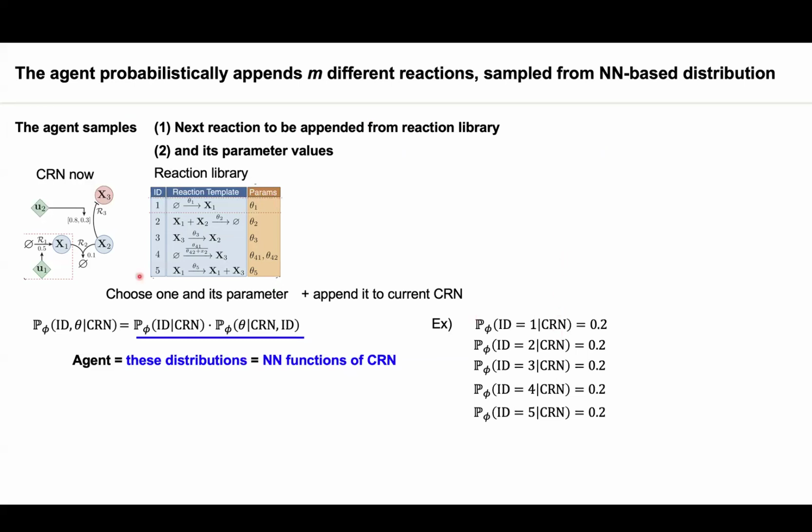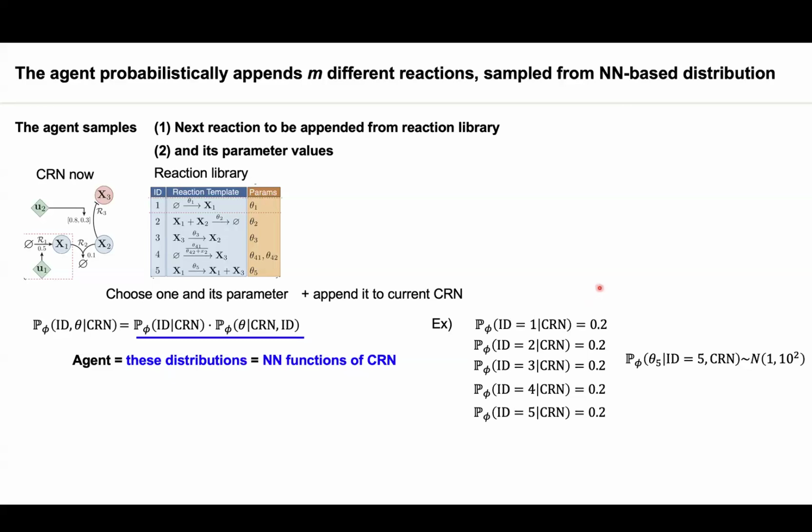Given this CRN, we want to have these probability values, and for the parameter, we want to know their distribution.